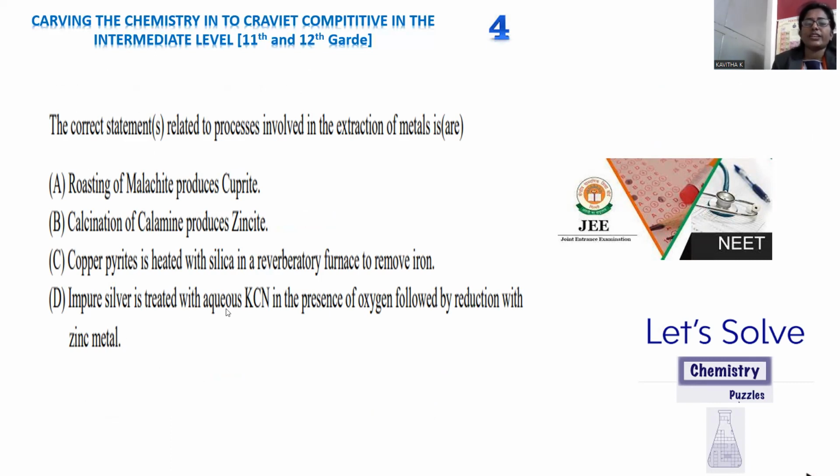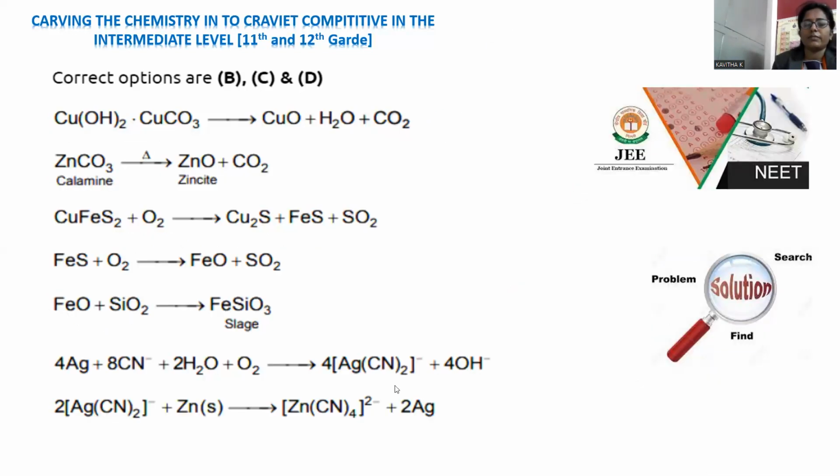Impure silver is treated with aqueous potassium nitrile in the presence of oxygen, followed by reduction with zinc metal. So it is the extraction of silver metal. In order to extract the silver metal, potassium nitrile is used. When potassium nitrile is added under moist conditions in the presence of excess air, complexation is possible, so that we get the silver nitrile compound. The silver nitrile is further treated with metallic zinc.